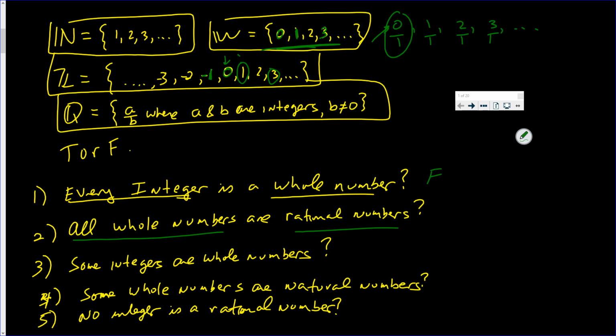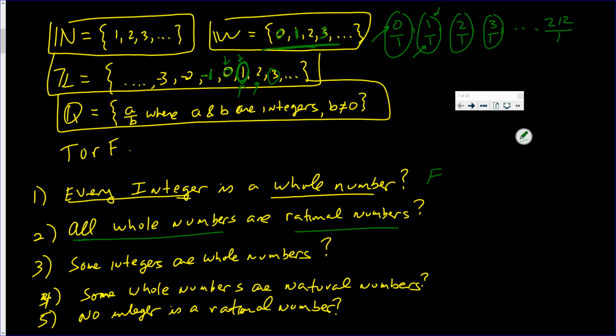And the denominator is an integer and it's not 0. 1 over 1. 2 over 1. 3 over 1. 212 is a whole number divided by 1.